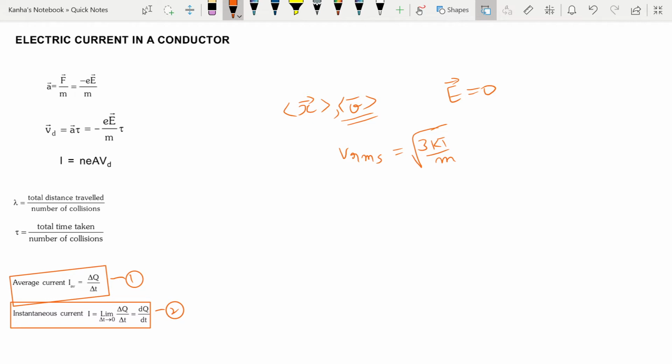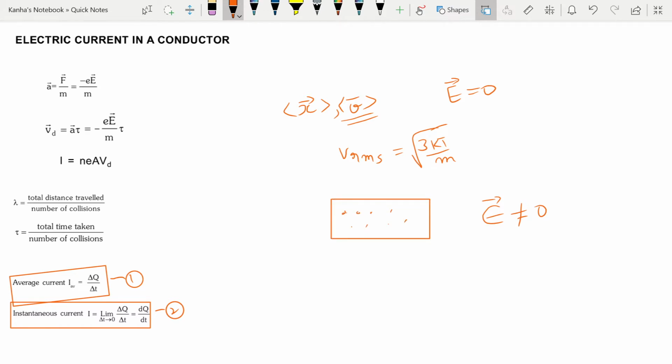Next, what happens if I start applying a potential difference? When I connect my conductor's ends to a battery and apply an electric field which is not equal to zero, then this field will exert a force. For example, my material has many electrons inside it.